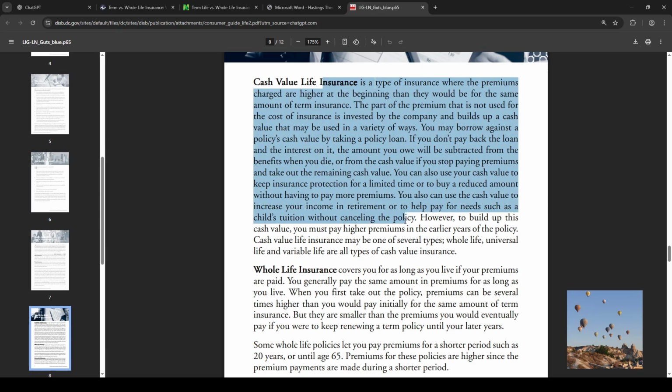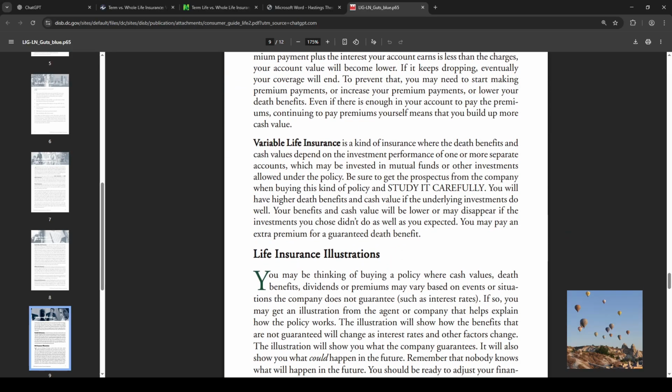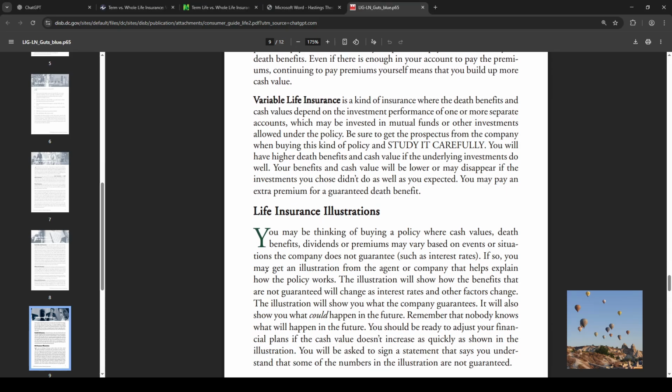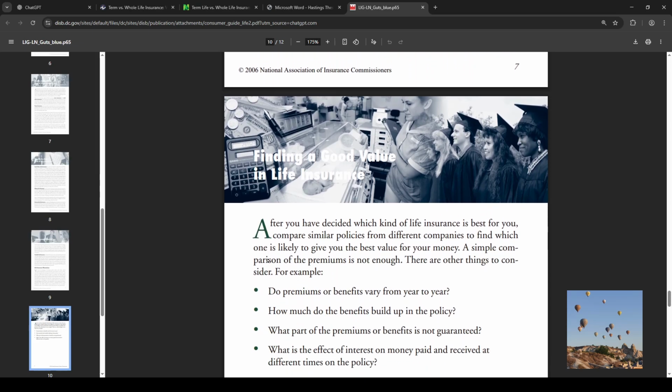If you do that with discipline, the investment account may exceed the whole life cash value in many cases, and the money is typically more liquid. But investments are not guaranteed, and the market can be volatile, especially over shorter periods.